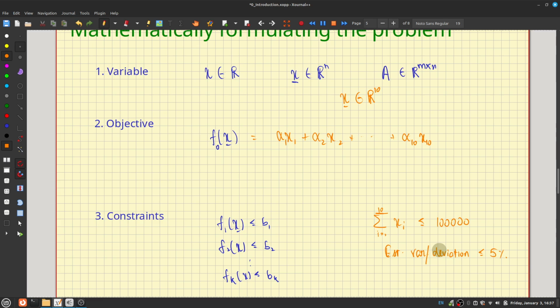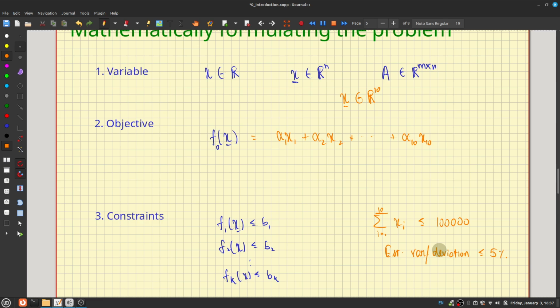So these are two different mathematical optimization problems for the same engineering problem that I had initially. So how you pose your engineering problem as a mathematical optimization problem could differ. It's up to you to decide how you do that.